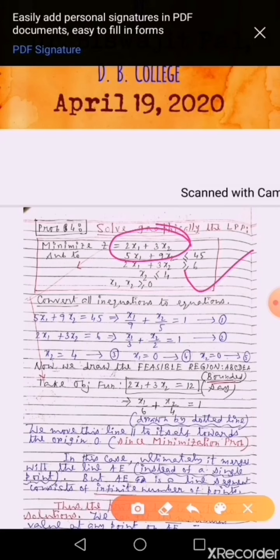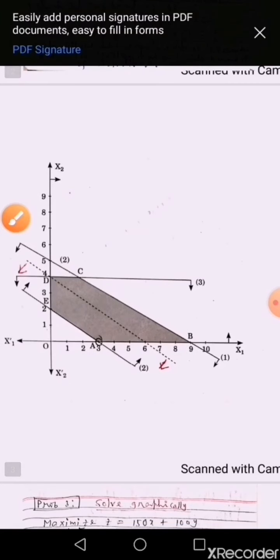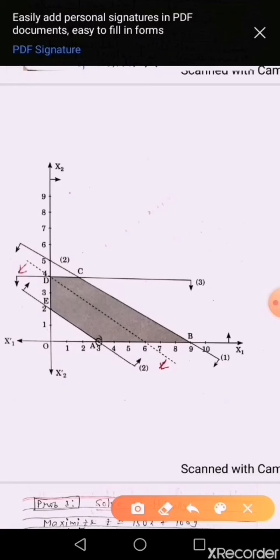As this is a problem of minimization, we have to move this dotted line towards the origin, and ultimately it coincides with this line, as these two lines are basically parallel because both contain 2x1 plus 3x2.